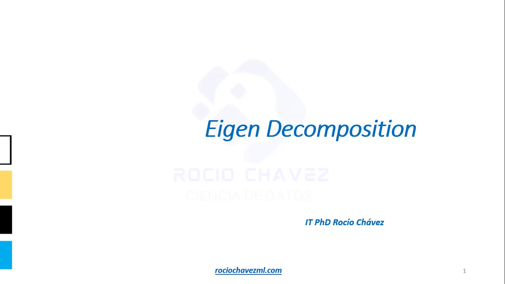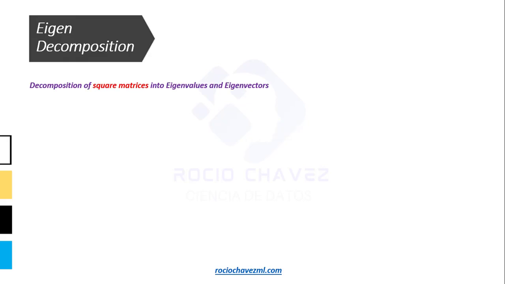On this occasion, I will focus on the mathematical part, and later I will make a video explaining these concepts in a graphical way. This mathematical technique can only be applied to square matrices. It involves finding a set of scalars and vectors so that the original matrix can be represented as a linear combination of these.